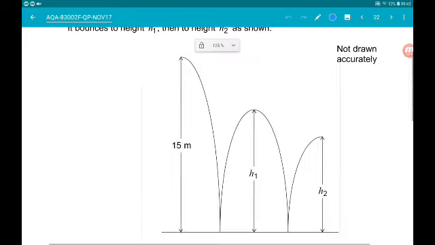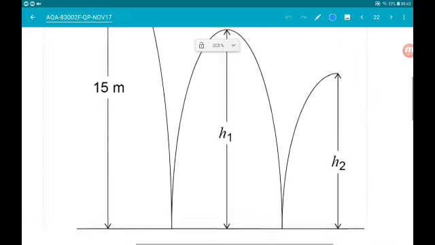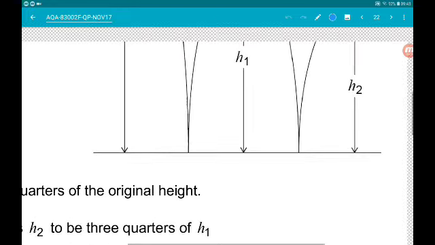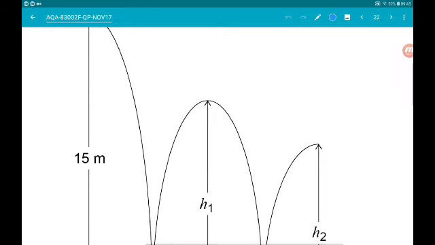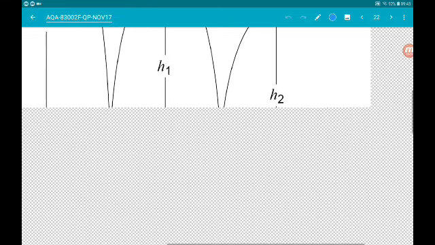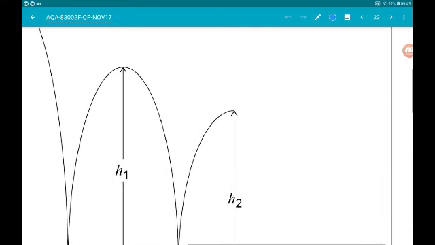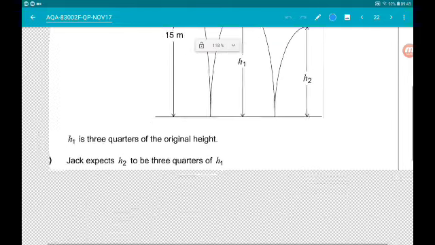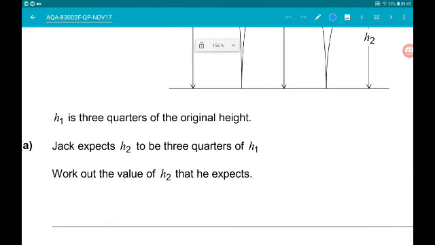So the ball is thrown, bounces, so it hits the ground, bounces up to h1, hits the ground, bounces up to h2. h1 is 3/4 of the original height. Jack expects h2 to be 3/4 of h1.